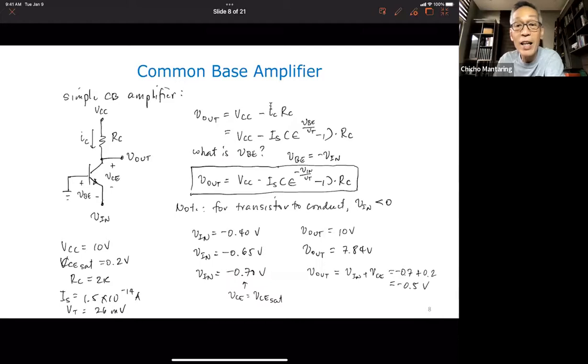No, sorry, negative 0.8. Not positive 0.8. Okay. Theoretically, it should be negative 0.6.